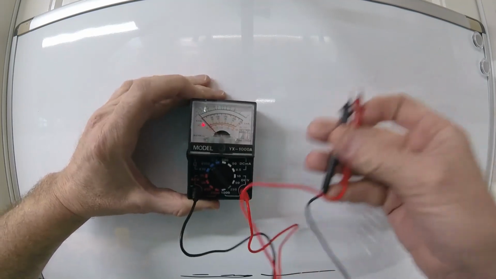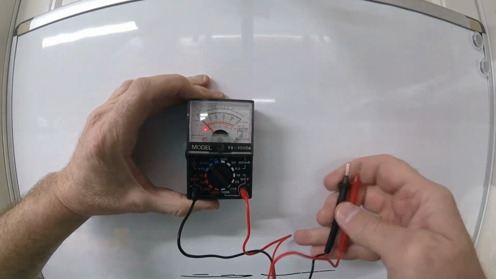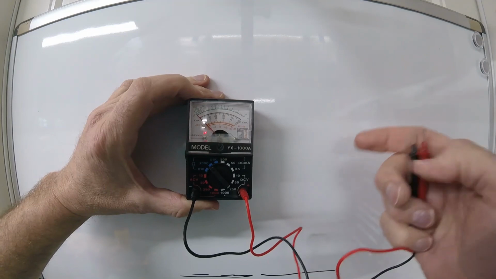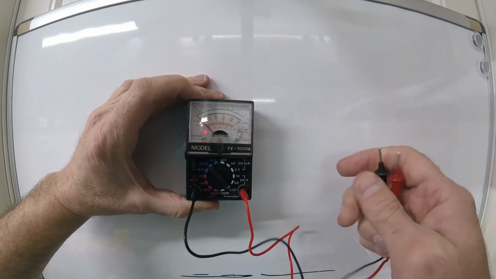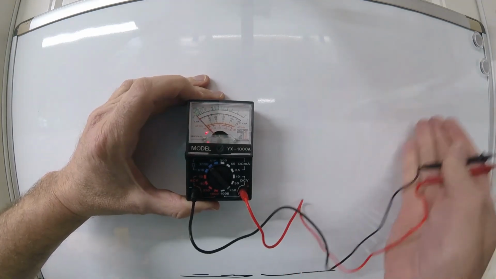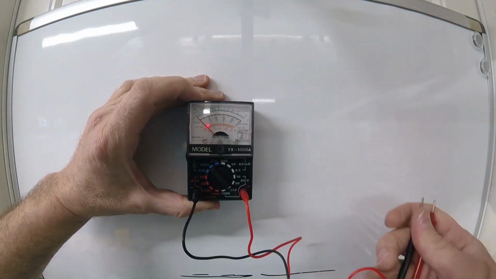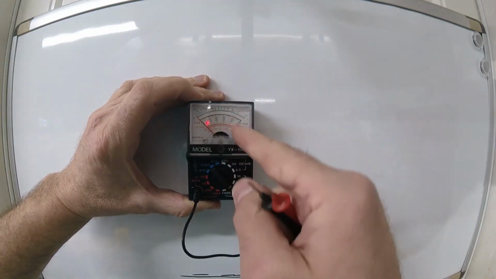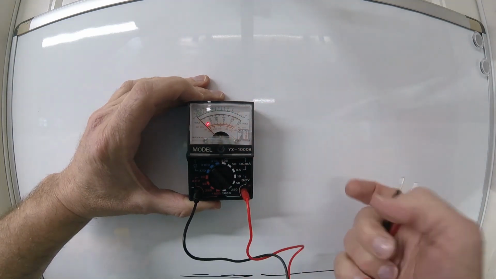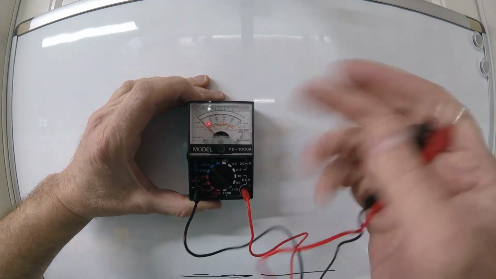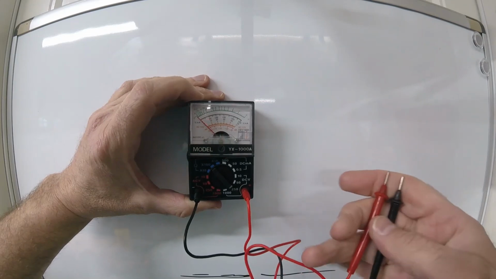But there's a good reason to have one of these, because sometimes when you're checking a voltage that is momentary, it comes and goes and comes and goes, maybe like a turn signal circuit, this needle will react faster than the display on the digital meter.